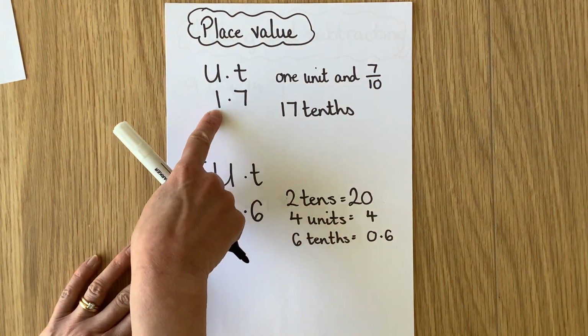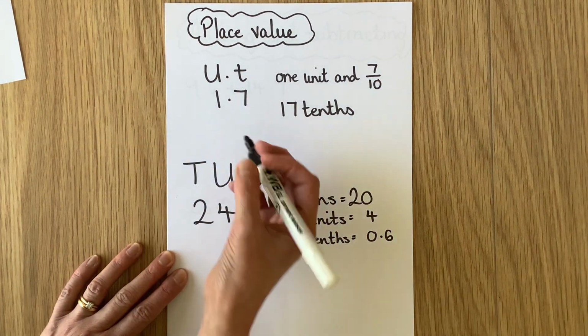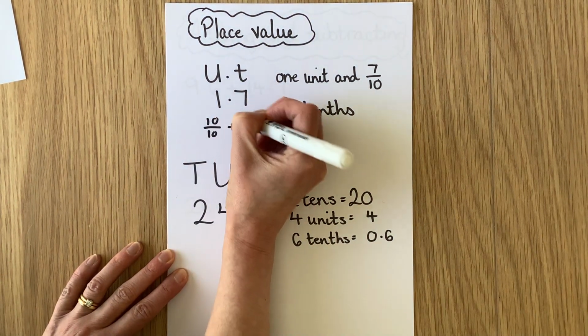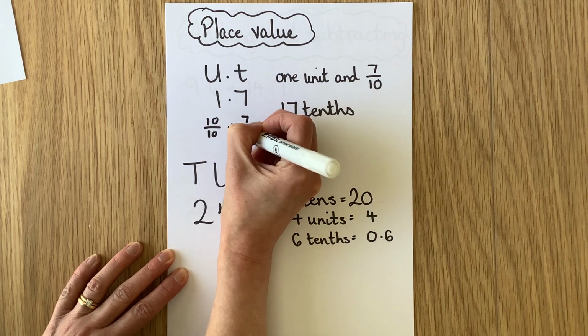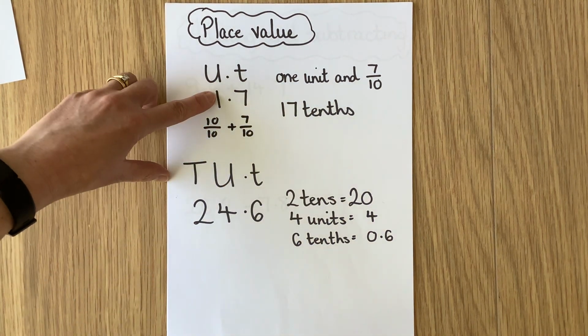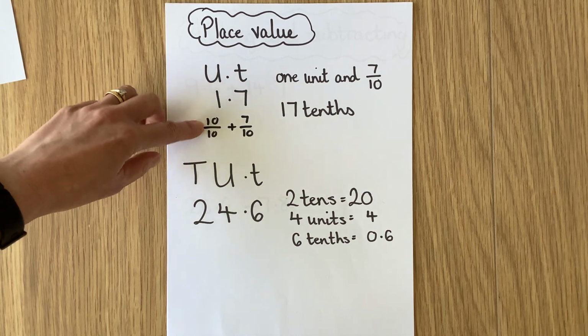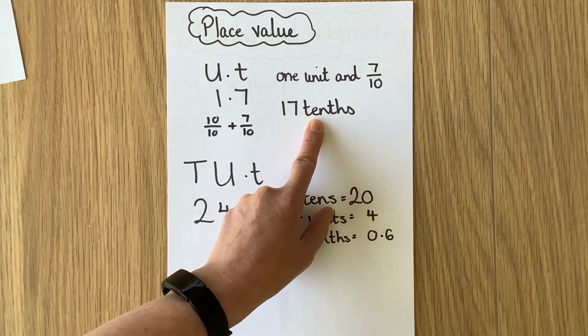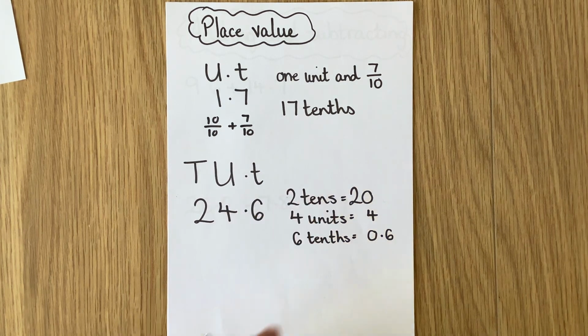Now what I could do is I could think of that one unit as being 10/10 and another 7/10. So I could also say that if I've got one full group of 10/10 and another 7/10, that's the same as 17/10.